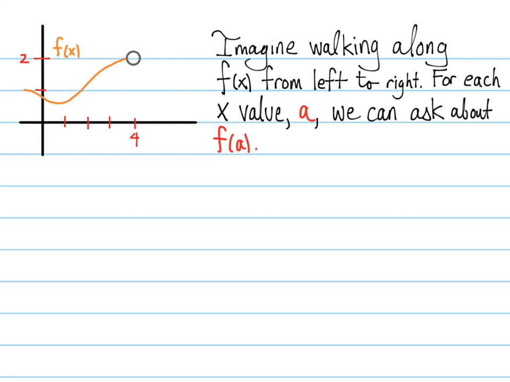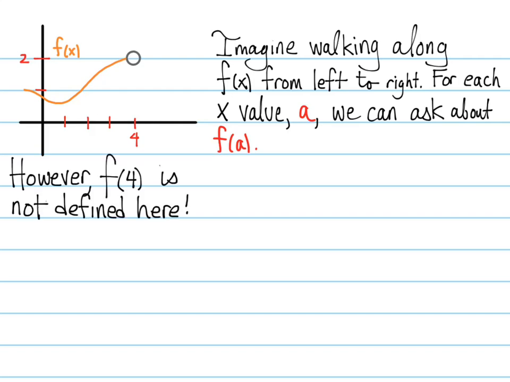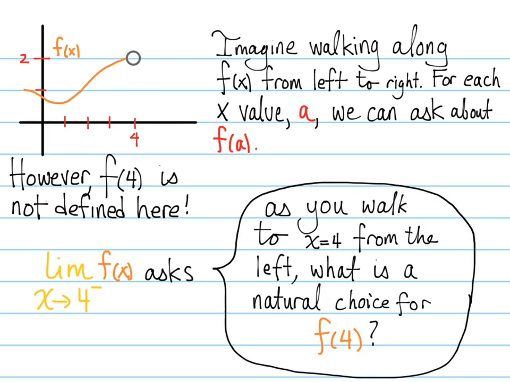So the question is, what does f of 4 want to be? But f of 4 isn't defined, and so we can't just say, well, what's f of 4? So the symbol, the limit as x approaches 4 from the left of f of x, asks, as you walk to x equals 4 from left to right, what is a natural choice for f of 4?